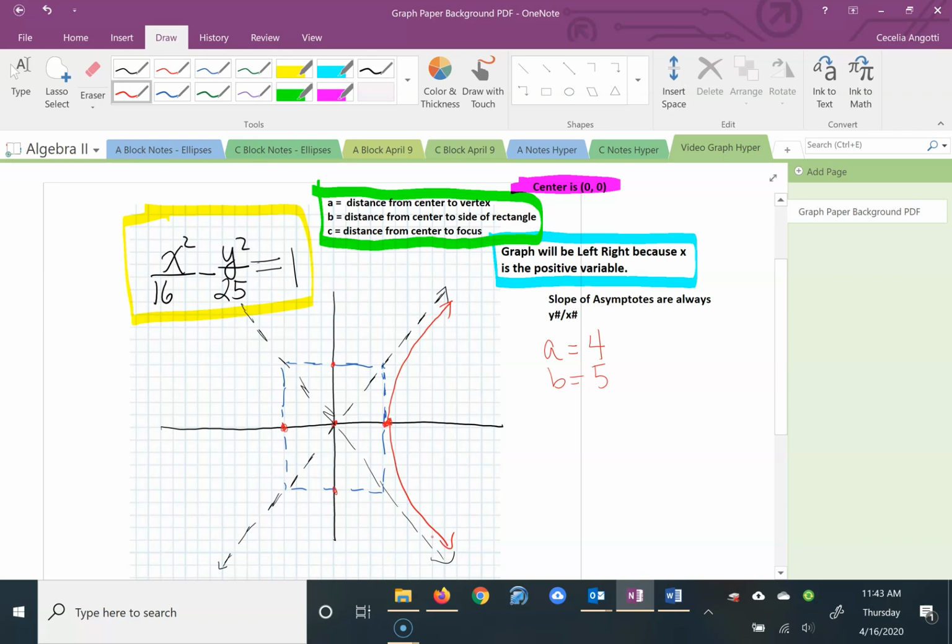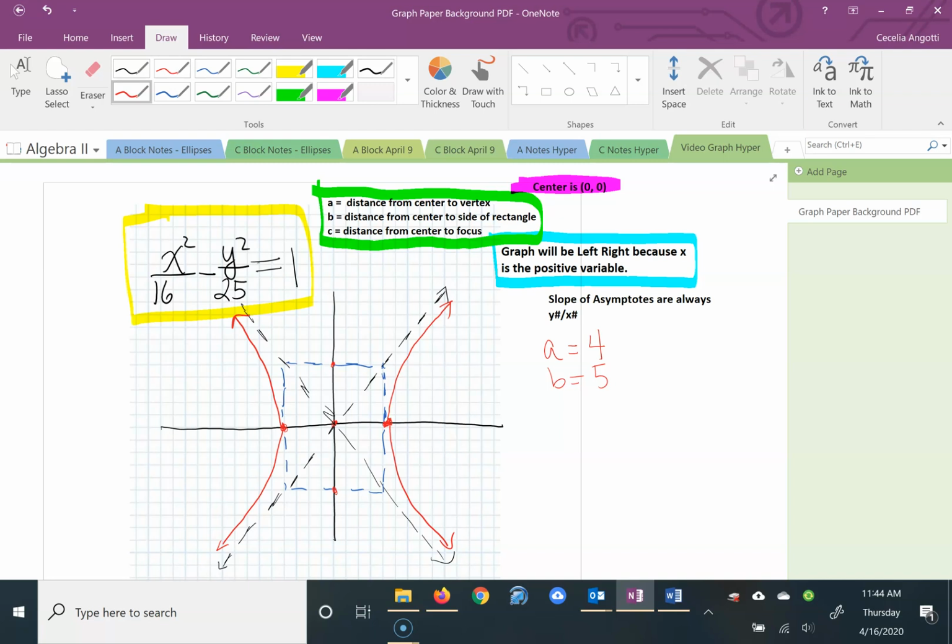And don't forget, graphs hug asymptotes, and so these two would want to hug this asymptote. Now, they may look like parabolas, but they are not parabolas because they are bound by the asymptotes. Parabolas don't have any asymptotes bounding them. These guys do. So I just call them bowls because, again, they're not parabolas.